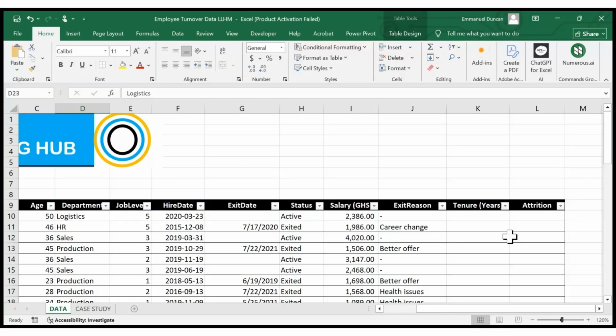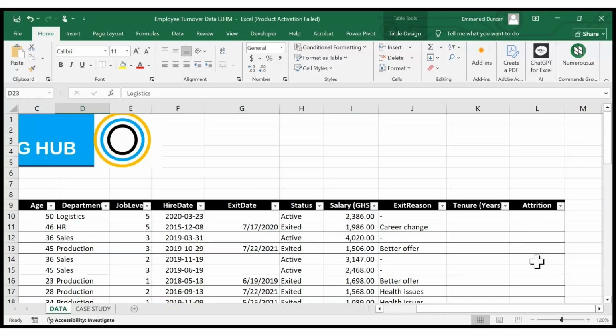This will help us know the number of people that have left and their period of stay with the company. We are also going to look at our attrition.